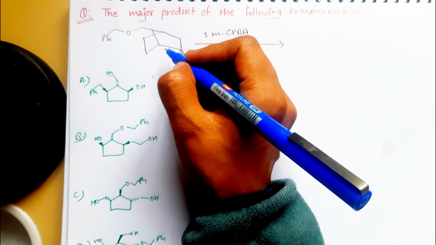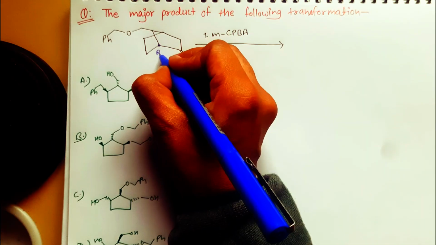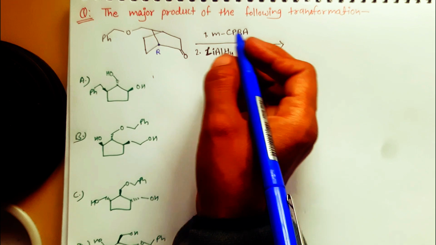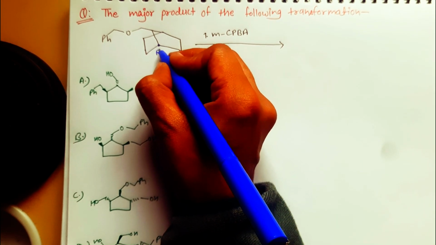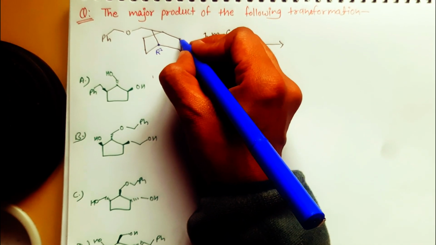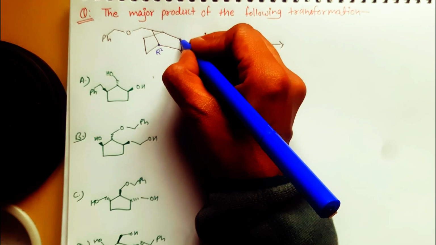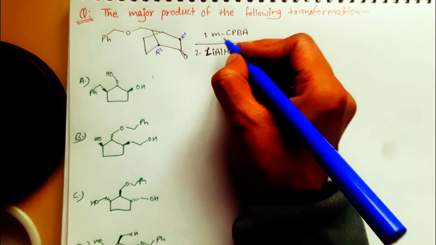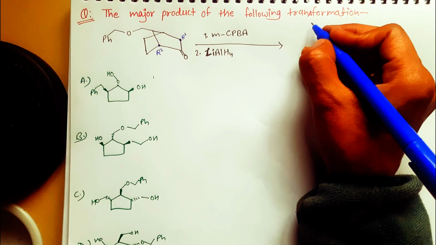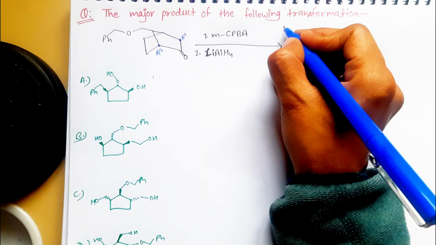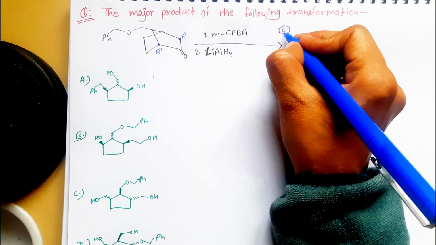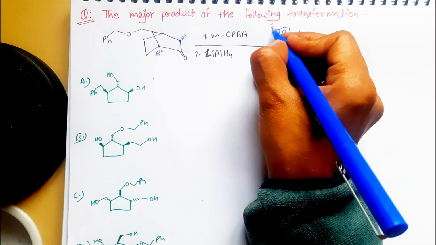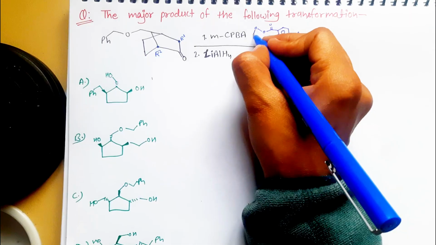To understand the mechanism in an easy way, we represent this carbon atom with R2, and this carbon atom with R1. And we all know the metachloroperbenzoic acid structure is like this. Here one benzene ring is present, here a chlorine group, here one carbonyl group, oxygen, and one hydrogen.